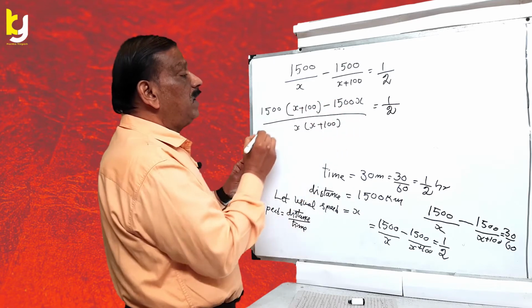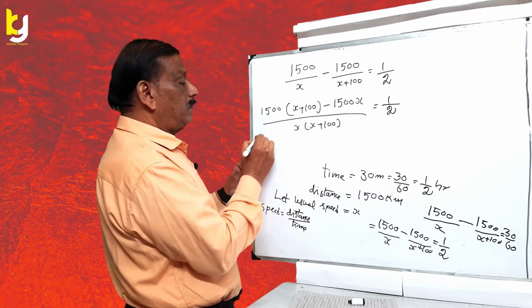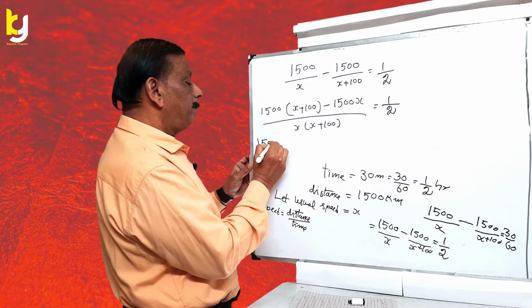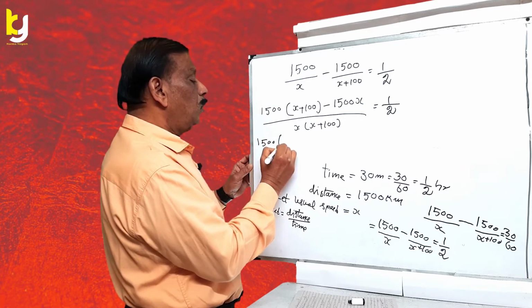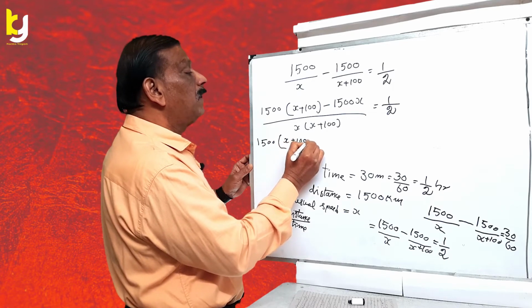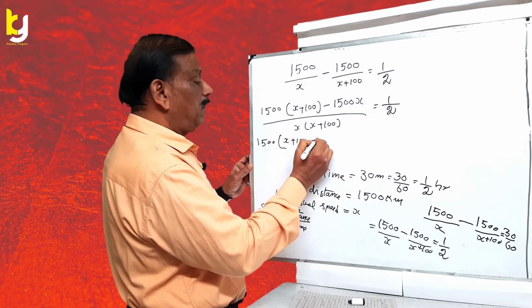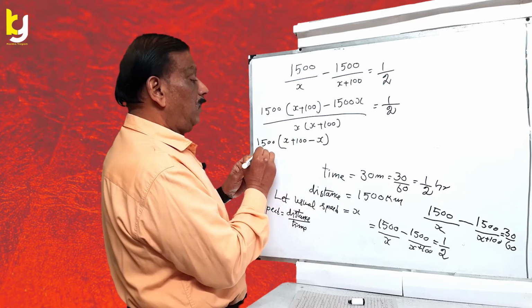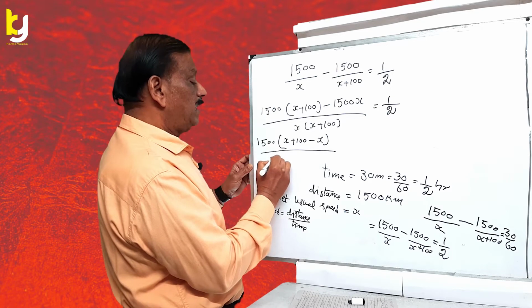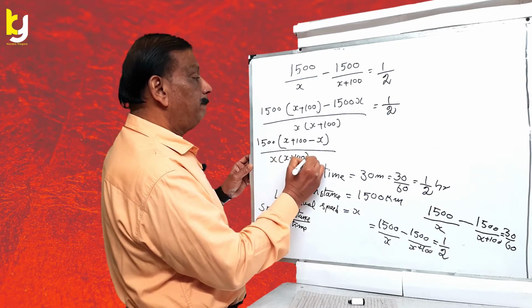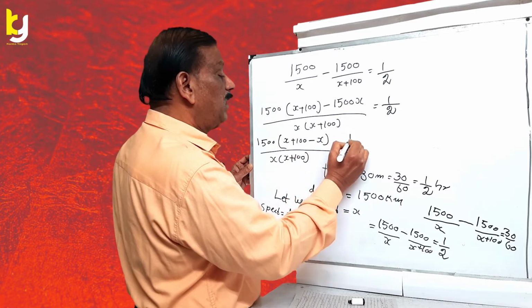Take 1500 outside. 1500 is common. So 1500 into x plus 100 minus x, whole divided by x into x plus 100, that is equal to 1 by 2.